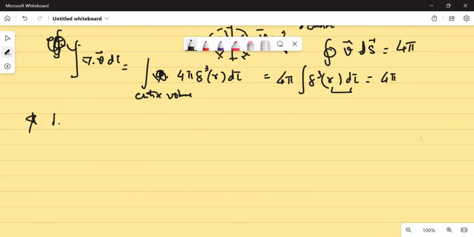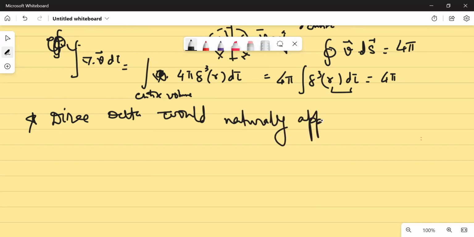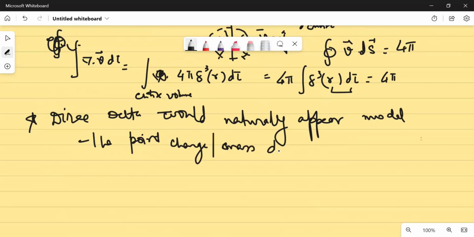So the moral of the story is, the first exposure to the Dirac delta function would come mostly in electrostatics, or possibly in gravitation, or in impulse kind of problems, where you have to model point mass density, point charge density, and all those things. Is that clear to you?